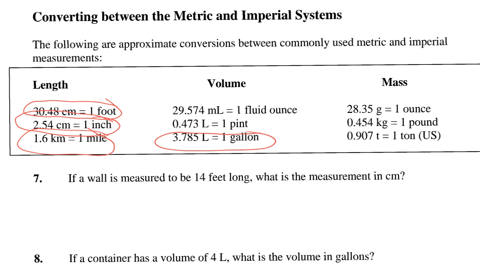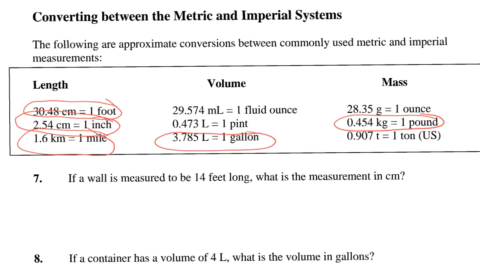That one there is the most useful. And then for pounds, 0.454 kilograms is 1 pound. You could also say 2.2 pounds is approximately 1 kilogram.